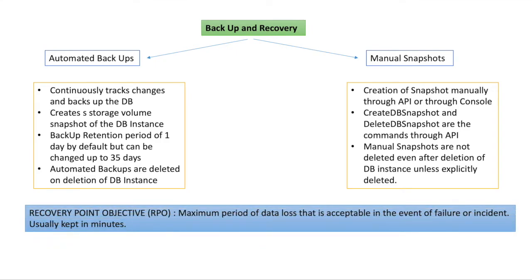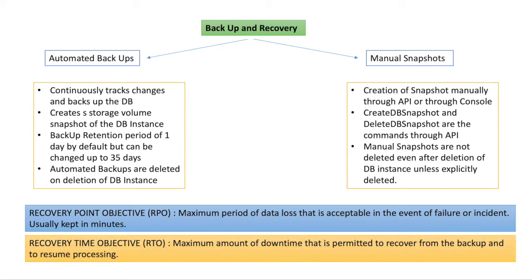Now, any organization, and the DBs within that organization, are very particular about recovery point objective and recovery time objective. What are these things? Recovery point objective is the maximum period of data loss that is acceptable in the event of a failure or incident. So your DB instance goes for a toss, there is some failure or incident, but you do not want to lose your data.